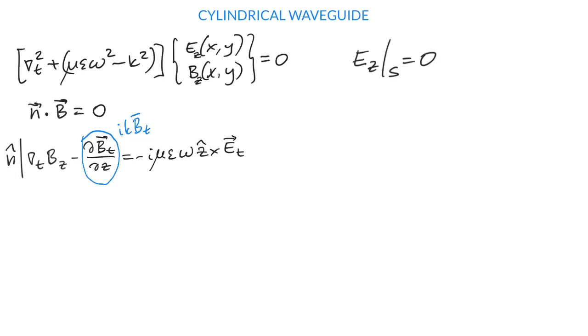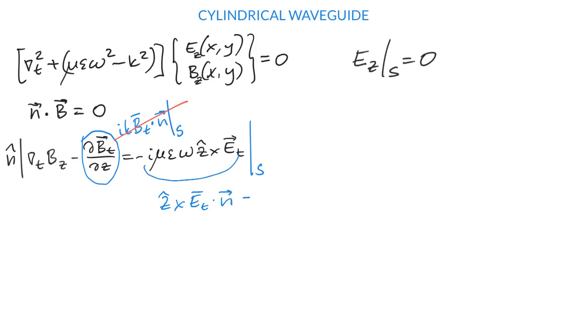And when we dot it with n, it will give 0, because B sub t dotted with n gives us the normal component of the magnetic field, which has to vanish at the surface. So when we take this equation dotted with n and evaluate it at the surface, this term vanishes. The term on the right-hand side here contains z cross E transverse, and we dot it with n.